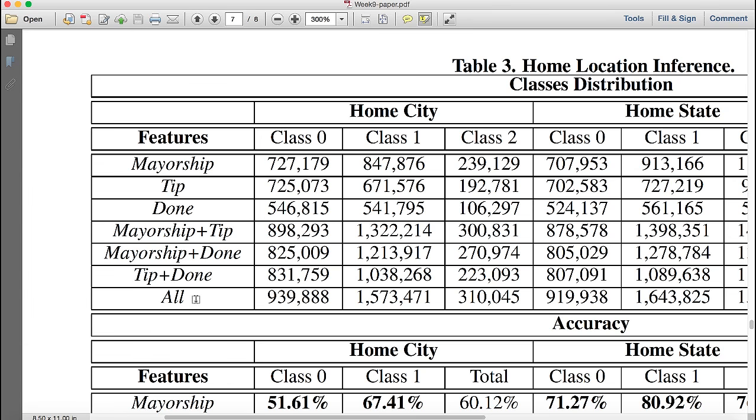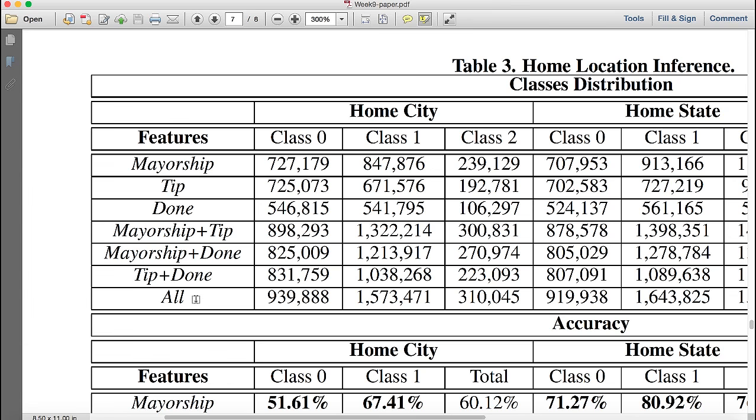If you take only the mayorship, what is class 0? If I consider only mayorship and there's only one activity by this user, there are about 727,000 data points in class 0. There are 847,000 where one location is predominant, and 239,000 where no location is predominant.